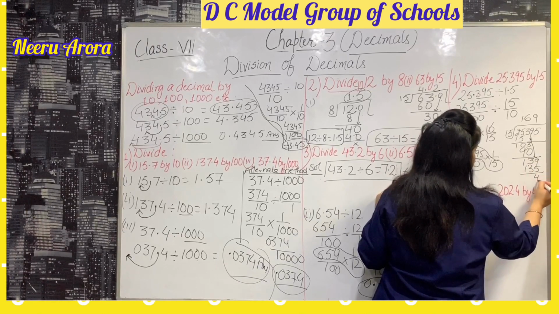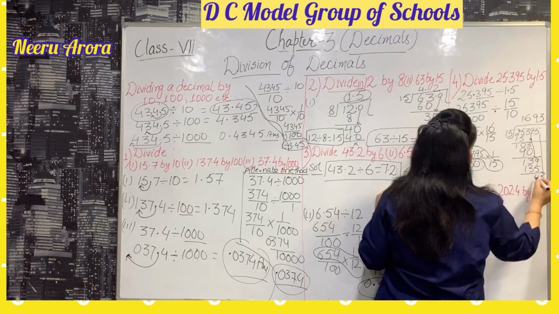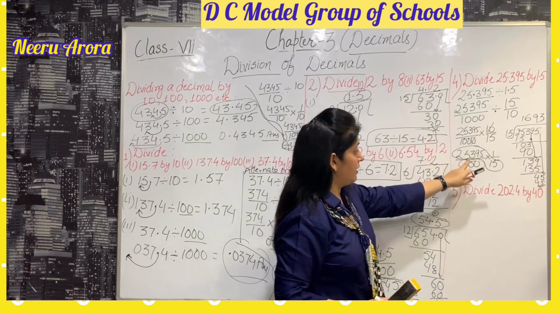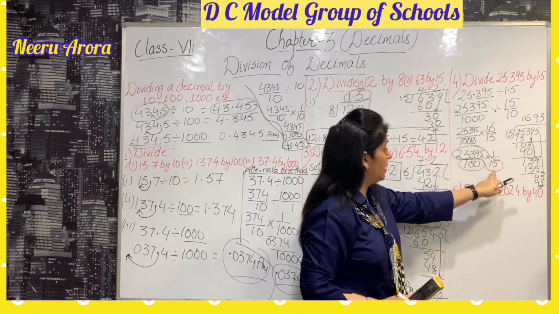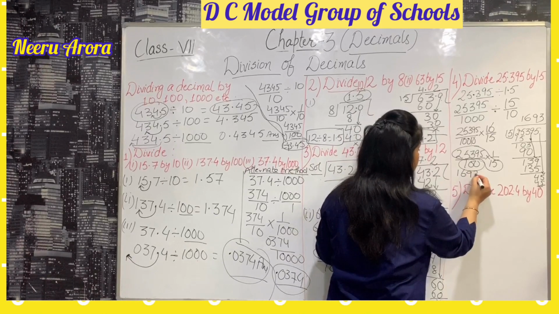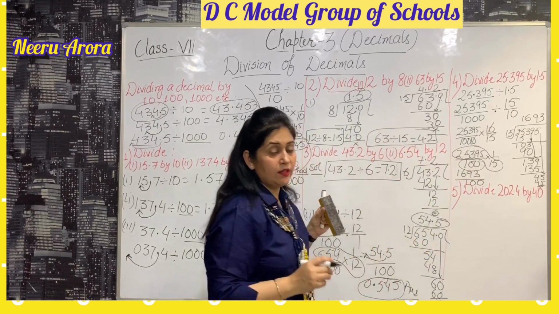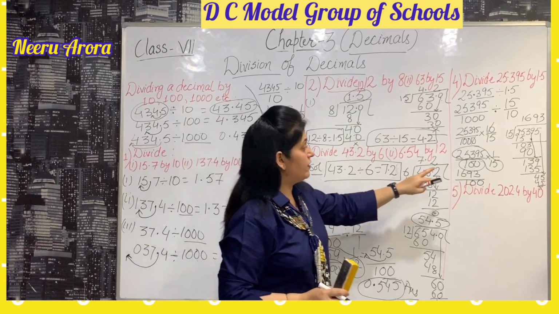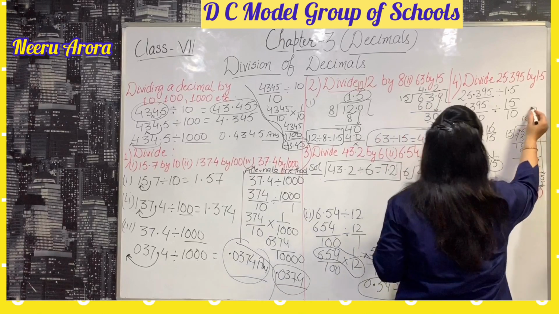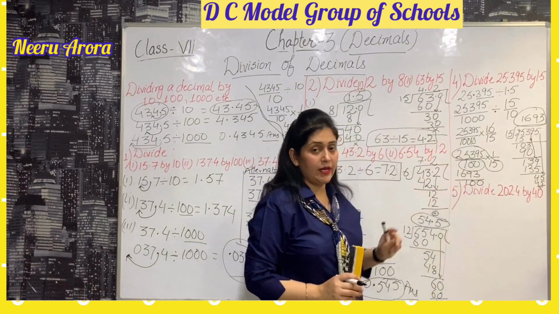So what is our remainder here? 4, and next we have 5. 15 3s are 45. So when we divide 25395 by 15, we get 1693, and that 100 remains as it is. We have done nothing with 100. We have divided 25395 by 15 and we get quotient 1693.